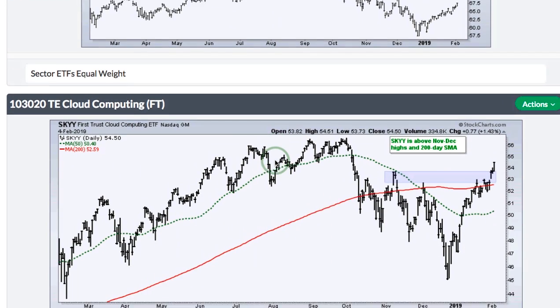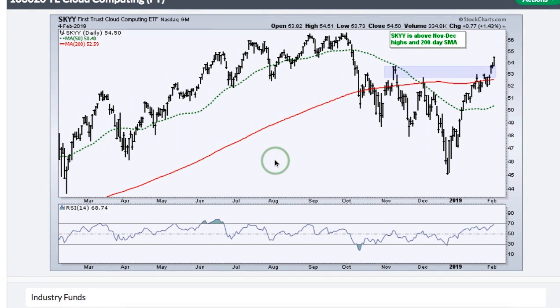Now you can break down the technology sector into industry group ETFs. And I've got 5 here that I want to show you that are all within the technology sector. So it's a great way to break down the sector and pick the stronger parts of that sector. And you could even take this one step further.